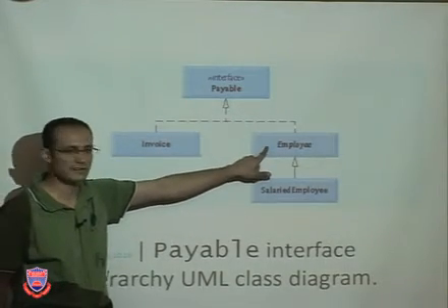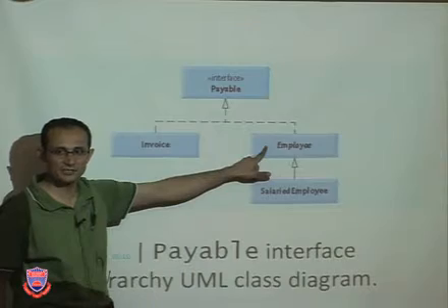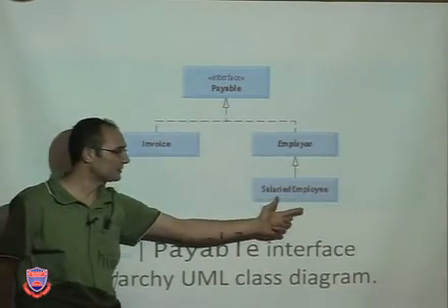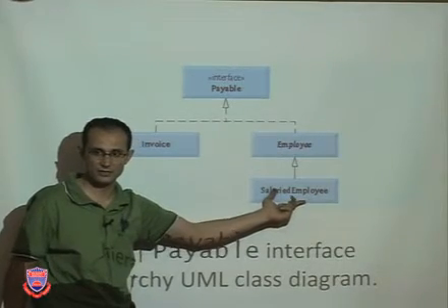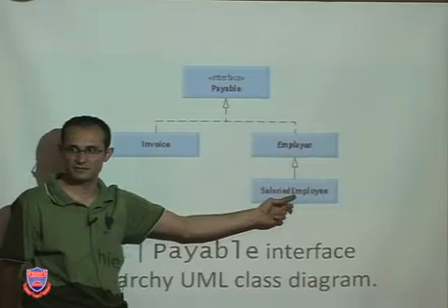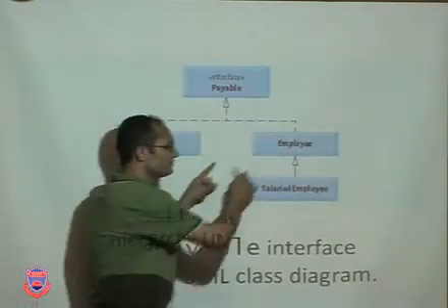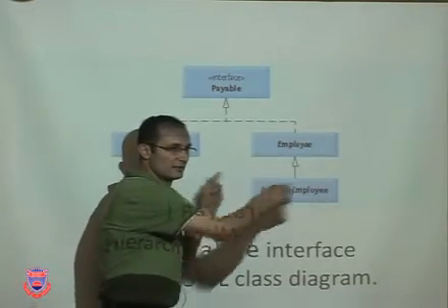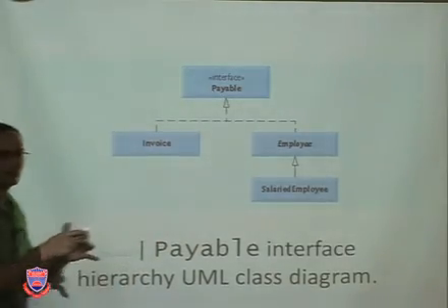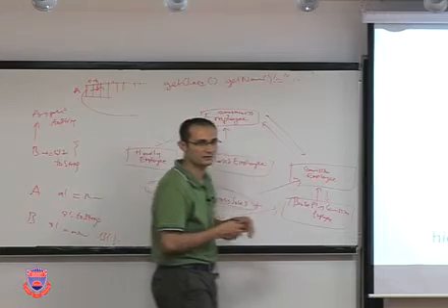However, this is also an abstract class which does not implement the interface's payable method, which is implemented by salaried employee. So that's why we didn't implement it here, however in the salaried employee. And then you need to implement it with all the two remaining ones as well. So this is showing the interface versus abstract implementation in some way.